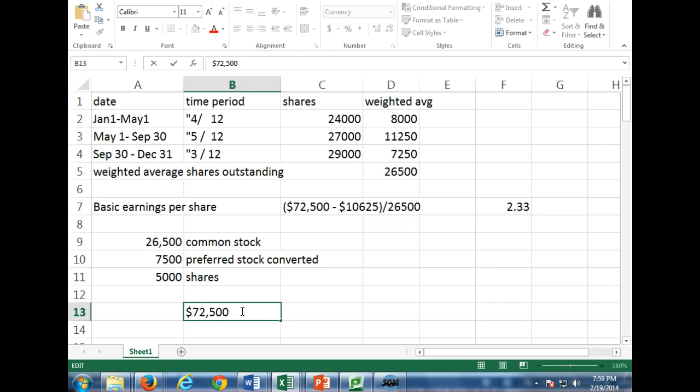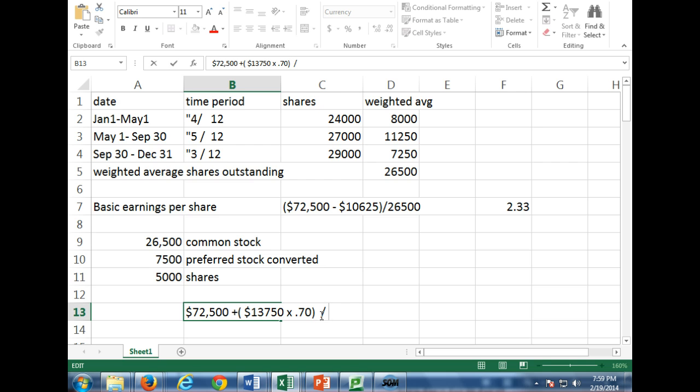So we're not subtracting any preferred dividends, but what we have to add is 13,750 times 70% at the tax rate. Okay, 72,500 minus 0 because there are no preferred dividends, plus this amount, additional monies at the tax rate, which I've got to figure out.